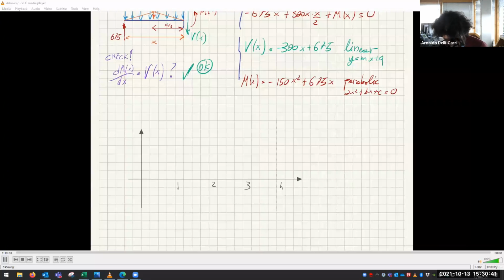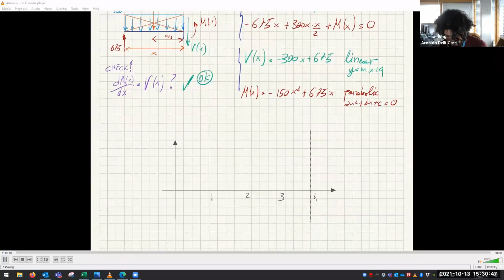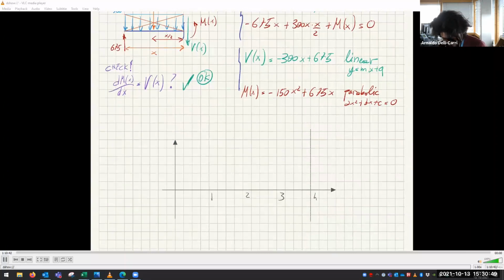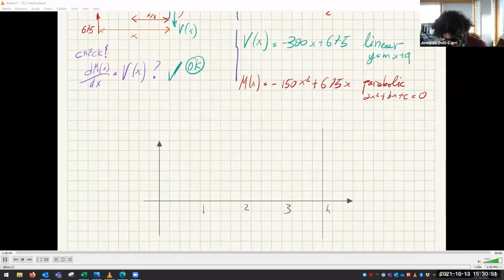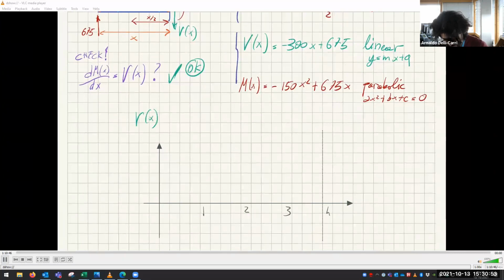So you tell me now, how many points do we need to draw the shear force V of x, which in this case is in newtons, and to draw the bending moment, in this case in Newton meters? For the shear force, we need 2 points because it's a line, the equation of a straight line.